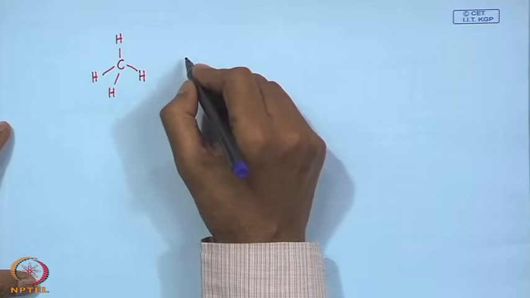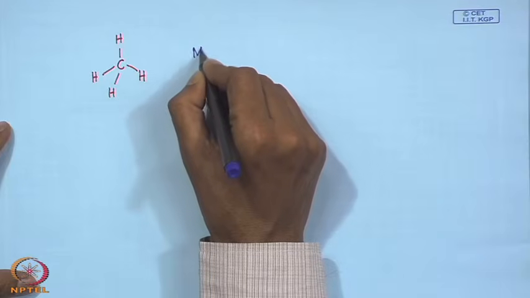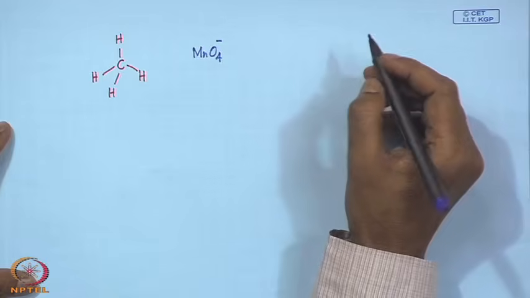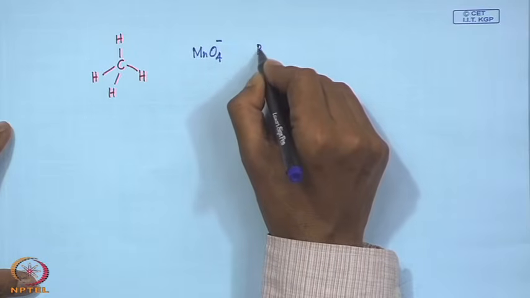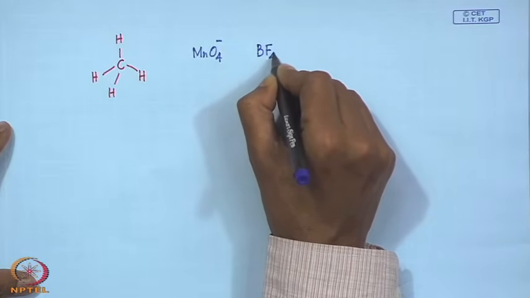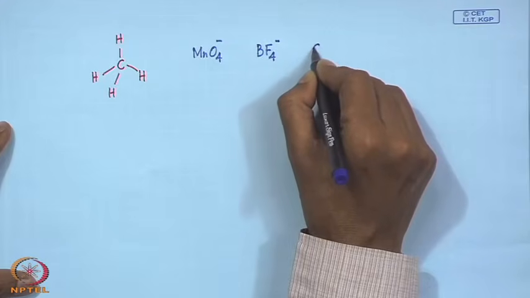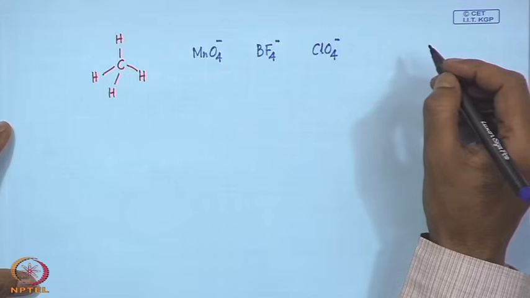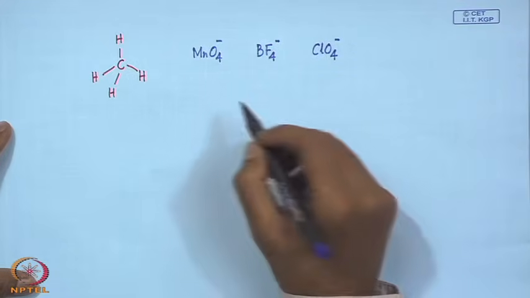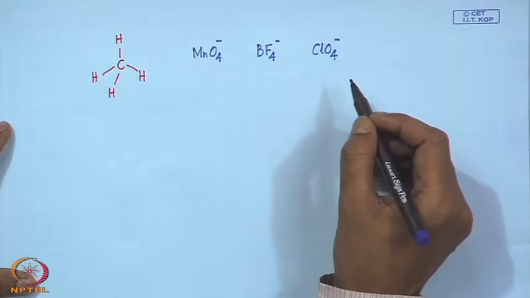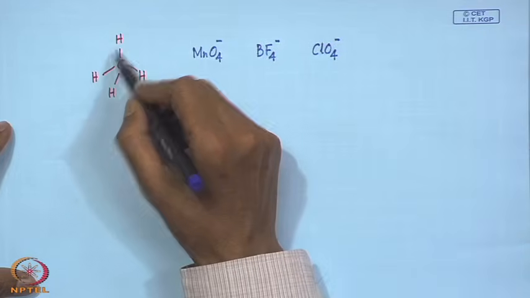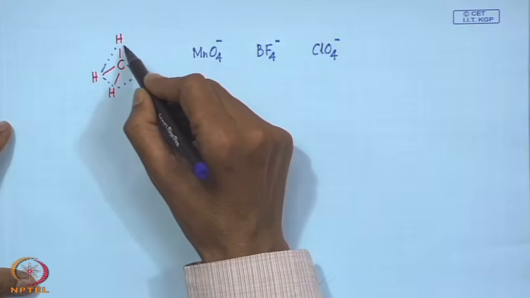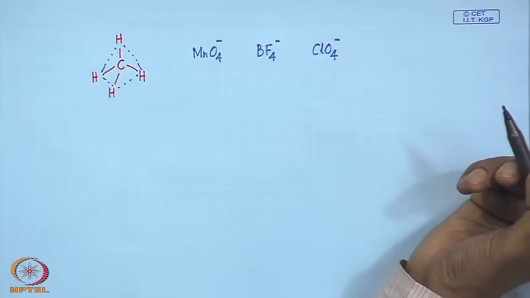Similarly, we have MnO4 minus, which we have just seen, the tetrafluoroborate anion, and the perchlorate anion. All these are typical examples of coordination number of 4 in a tetrahedral environment.